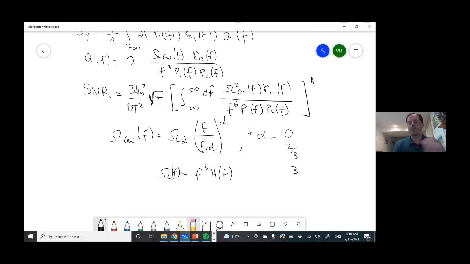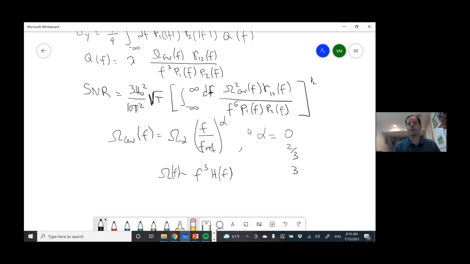And as we also discussed yesterday, you can do this analysis in multiple ways. It tends to be the case that for us, the most sensitive frequency band is between 20 hertz and maybe 100 hertz or so, depending on the choice of alpha. So you can do the analysis in that entire frequency band, and that's fine.